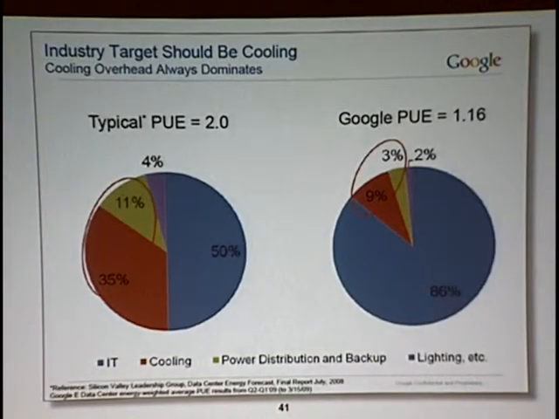So the typical PUE is made up of the one that Dean talks about, the compute load, and then there's power distribution and backup losses, cooling use, and then the lighting and other stuff at 4% or so.